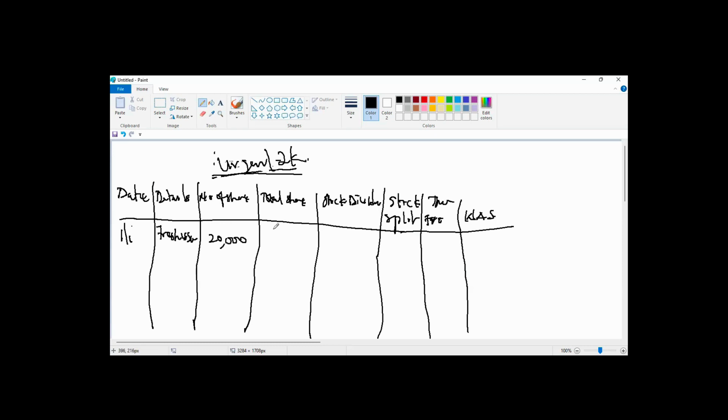Next, 1st of March, sold 30,000, fresh issued.